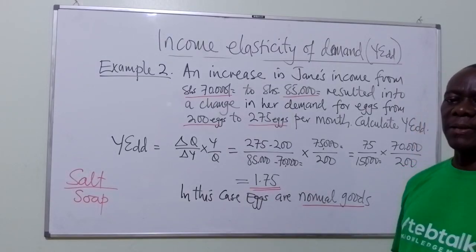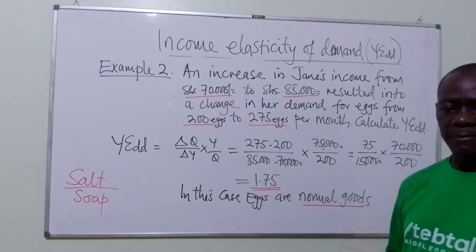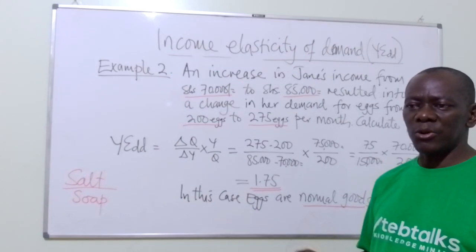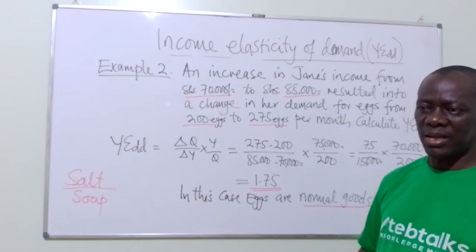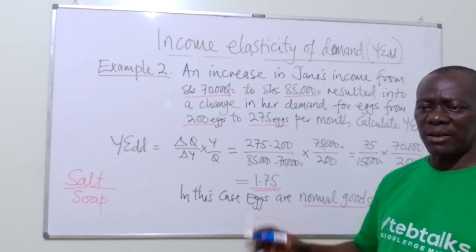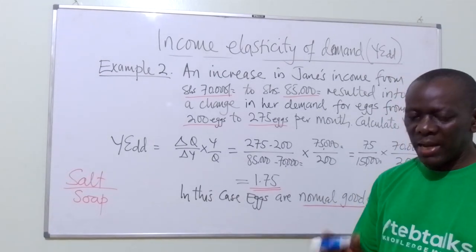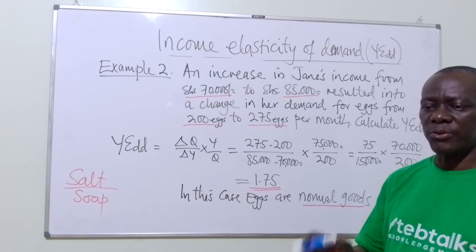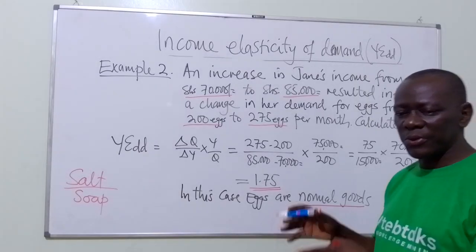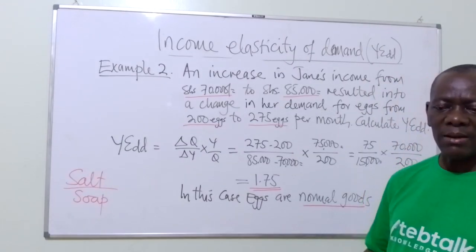Possibly what may happen is only spoiling, wasting the soap. You put it in water, you use it anyhow, you leave it outside because the income increased, you don't mind. But what you are actually supposed to use, you will not increase because the income has increased.